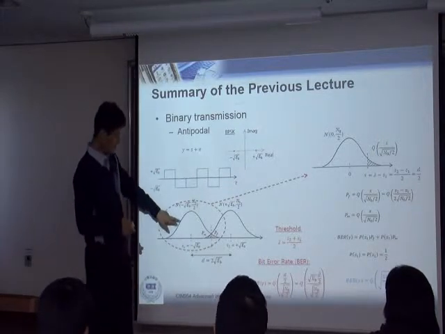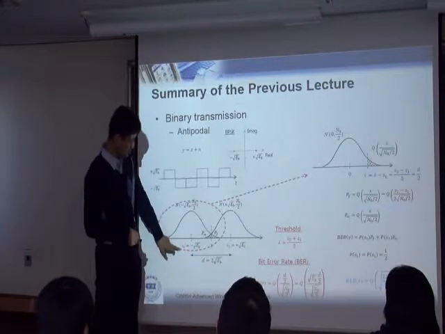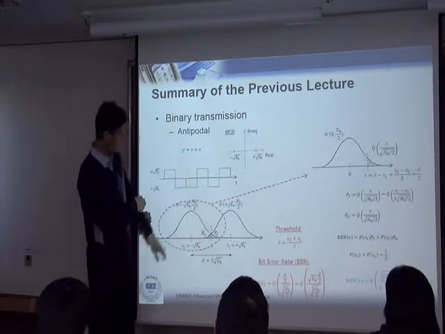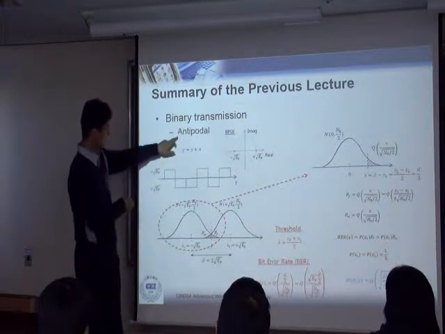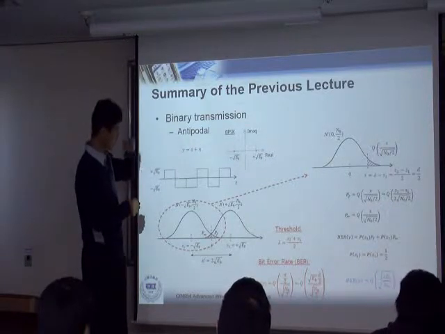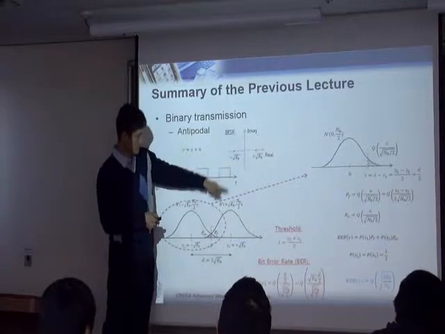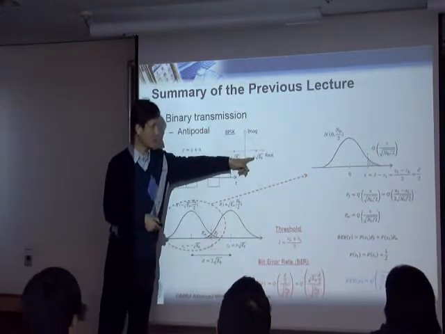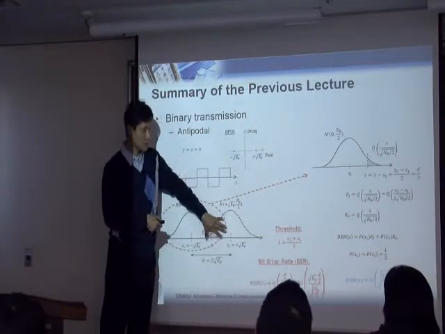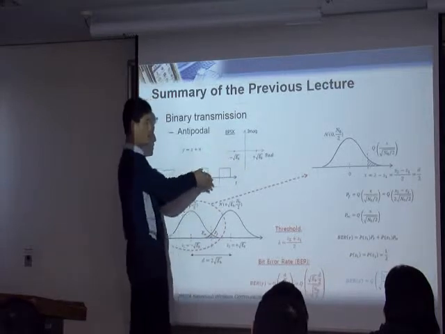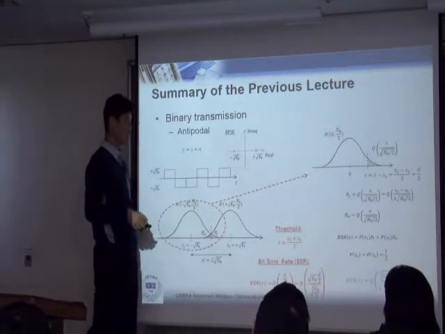The thing is that here, I didn't make any assumption about S1 and S2 in this model. Right now, in the case of antipodal signal, S1 is going to be minus energy, S2 is going to be positive energy. Okay, that's how I map it. Okay, because I assume that I use the antipodal signal.